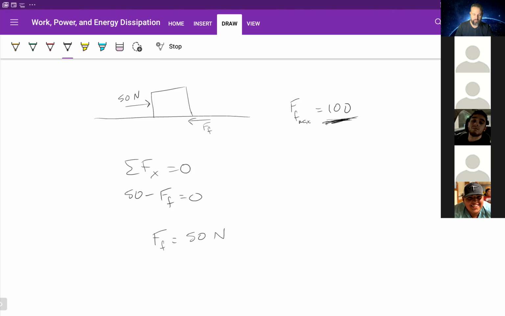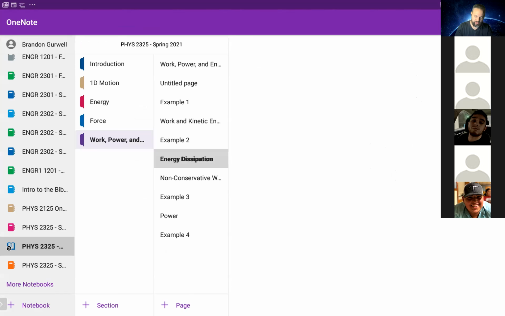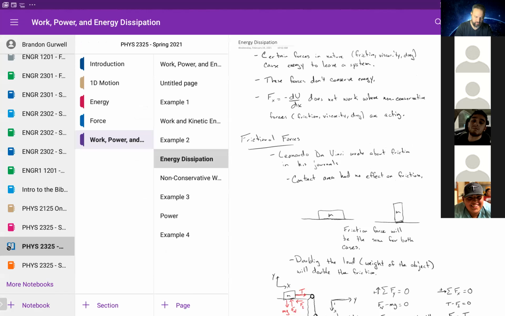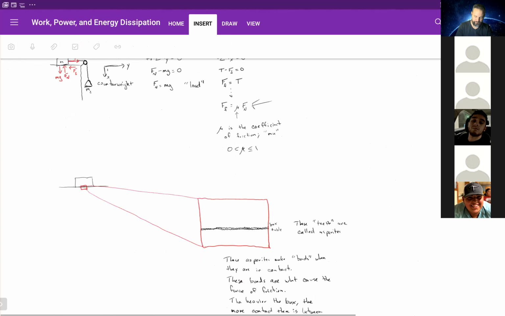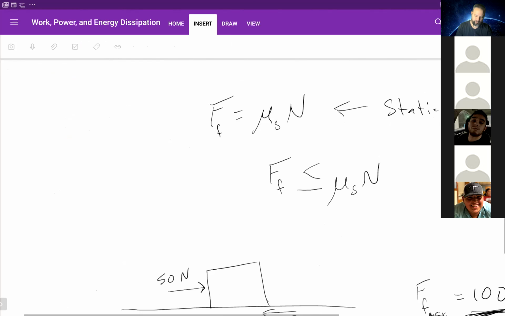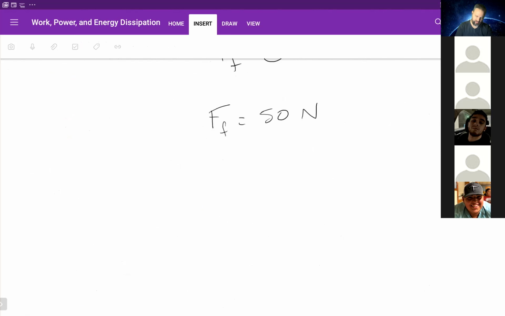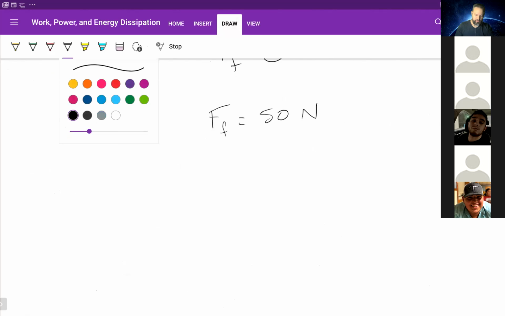Okay, so that's friction. Oh, viscosity and drag. Those are the other two that we need to look at. Friction is the one that we're going to see the most, but we do see these other two as well.